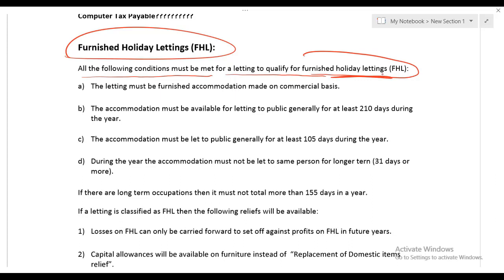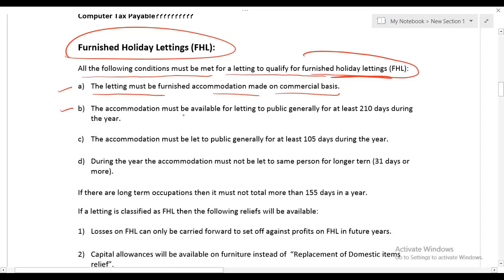So one thing is, it must be a holiday letting, meaning the property is somewhere at a tourist spot. A. The letting must be furnished accommodation made on a commercial basis. In Dubai, obviously, there are many holiday lettings.